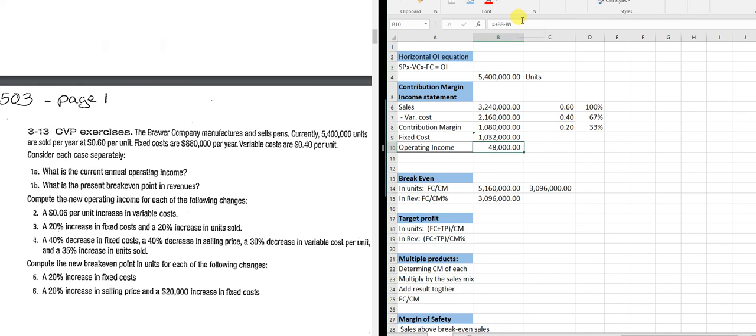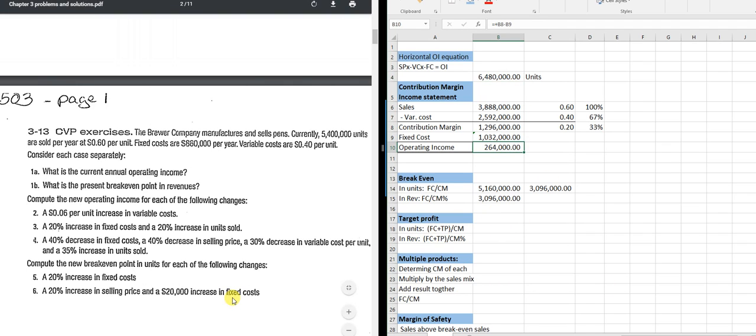So my fixed costs are 1,032,000, and a 20% increase in units sold. And I can see my number is 264,000.